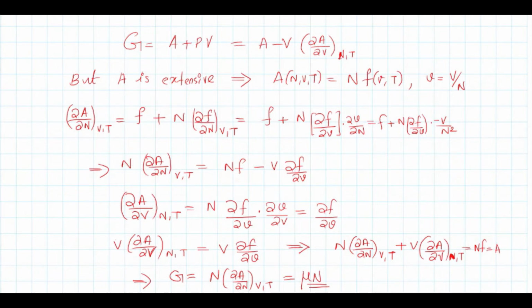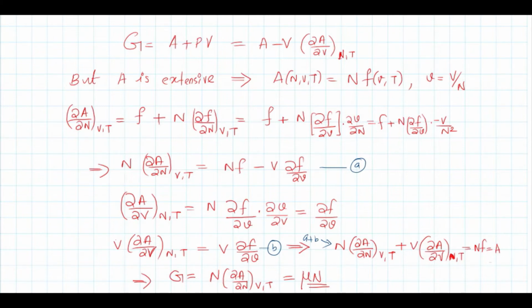If you call this as A, and this as B, then A plus B will give you n into ∂A/∂n at constant V and T plus V into ∂A/∂V at constant n and T is equal to, this negative term and this positive term cancel. You will get nf. What is nf? nf is actually A.